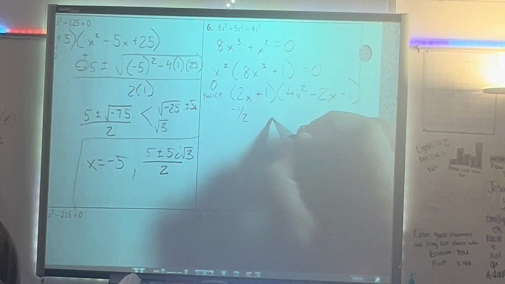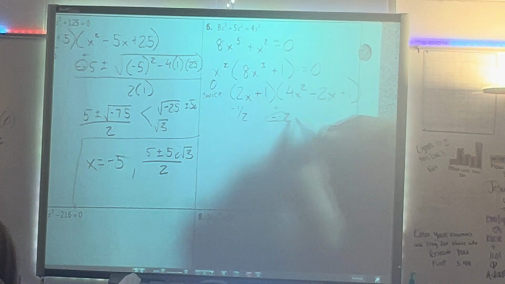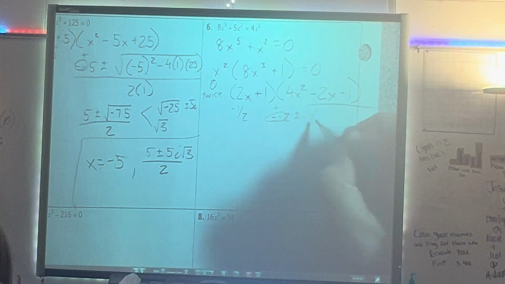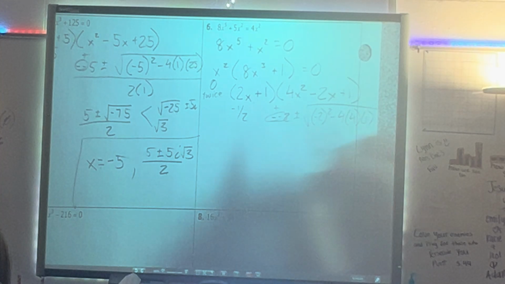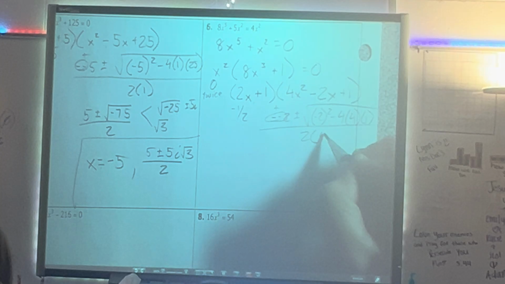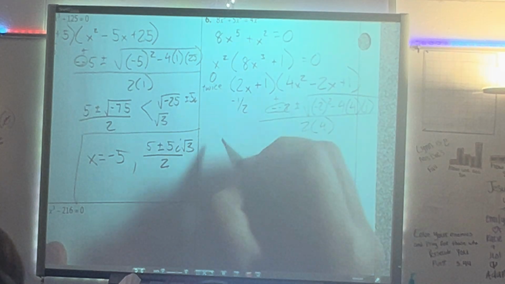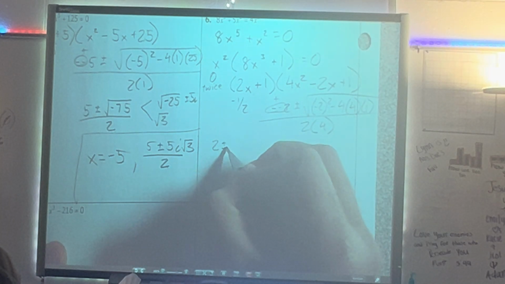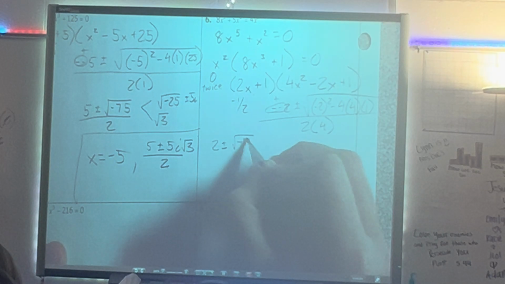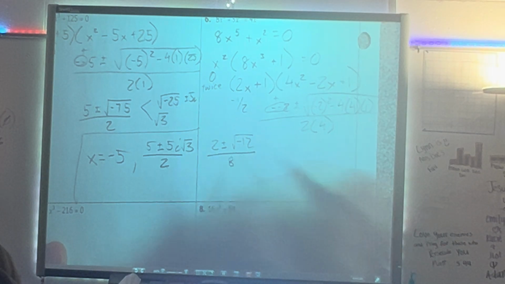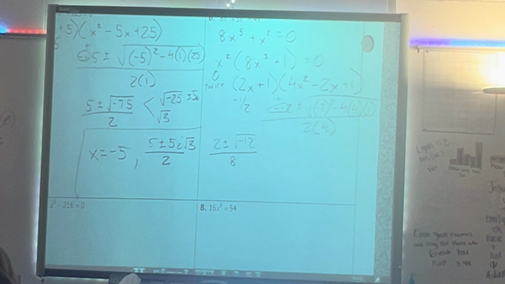Alright, so I've got double negative 2 here, plus or minus the square root of negative 2 squared minus 4 times 1 over 2 times 4. So it looks like 2 plus or minus, that's going to give us a negative 12 underneath there. Okay, so how is that going to split?